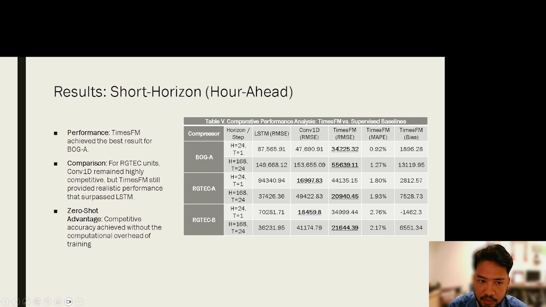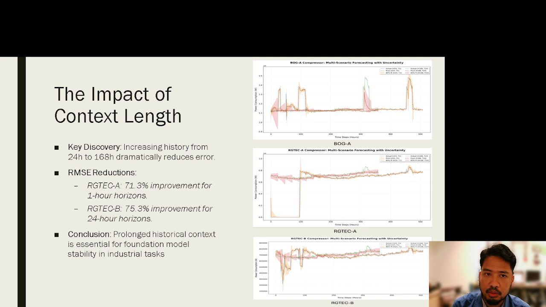Although we don't fine-tune it or do any training on the dataset, we can still see that the performance of the model is highly competitive when compared to the convolutional one dimension and LSTM models, which are typically used for time series prediction scenarios.